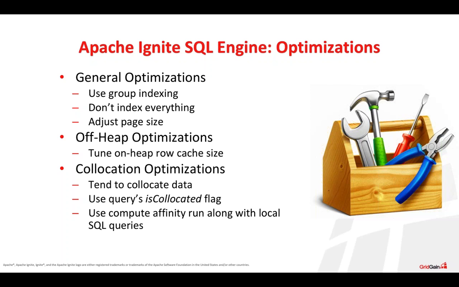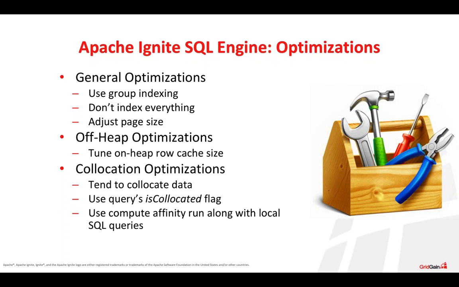The next valuable suggestion is that if your data is stored in off-heap space, then you may want to tune the on-heap row cache size. The situation here is the following. When the query is being executed and the data and the index are allocated off-heap, in our current implementation we have to bring off-heap indexes from off-heap space to the Java heap.